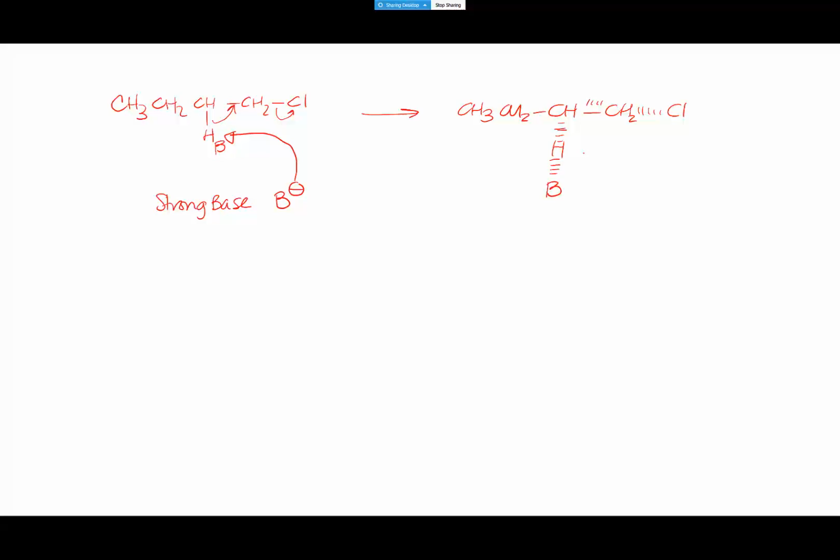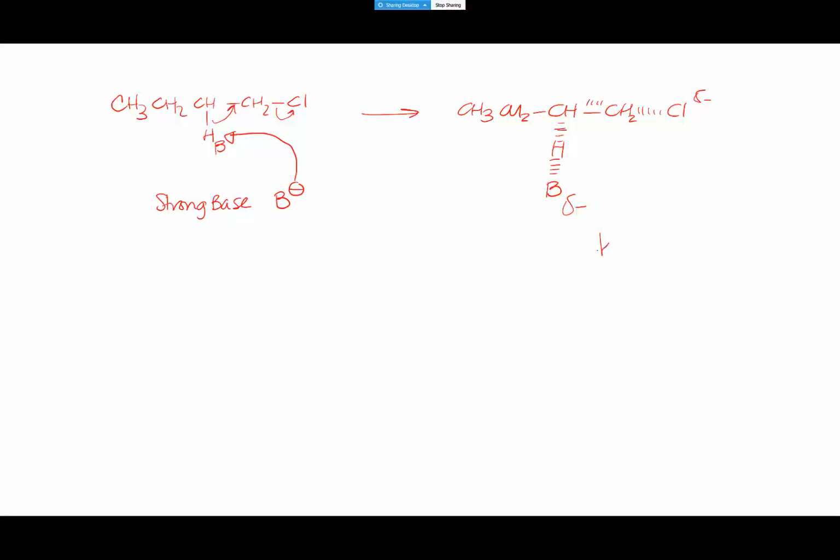Minus charges, who gets a charge? Cl gets a delta minus, and then the B gets a delta minus as well. You can put the delta plus on the H, but technically it's really not a delta plus because it's going to the base.